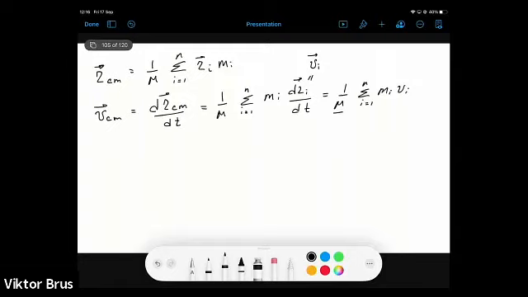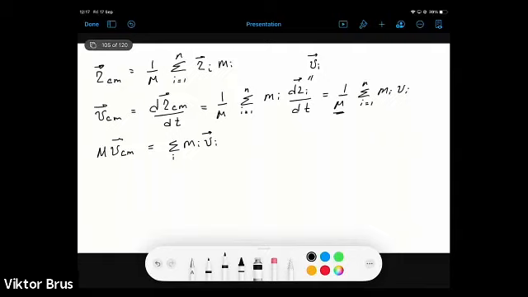And now we have this total mass. So if we put it on the left side of the equation, we will get total mass times the velocity vector of the center of mass equal to the sum over all bodies of m_i times the v_i vector.